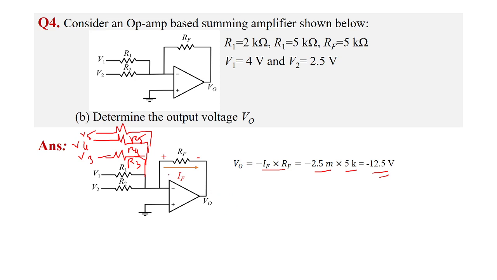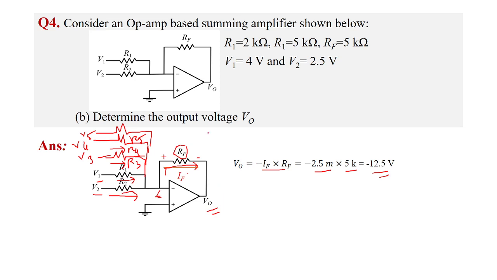The simplest way is to find the feedback current, the current through RF. Since ideally this is a virtual ground, we can easily find the current through each of these resistances, that is this voltage by this resistance, this voltage by this resistance, and we just add them. That is IF, and IF into RF will be the voltage V0.